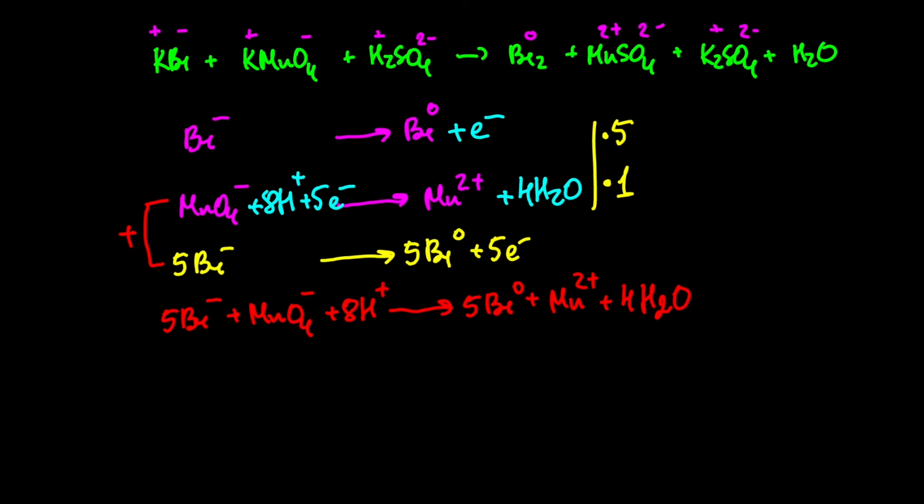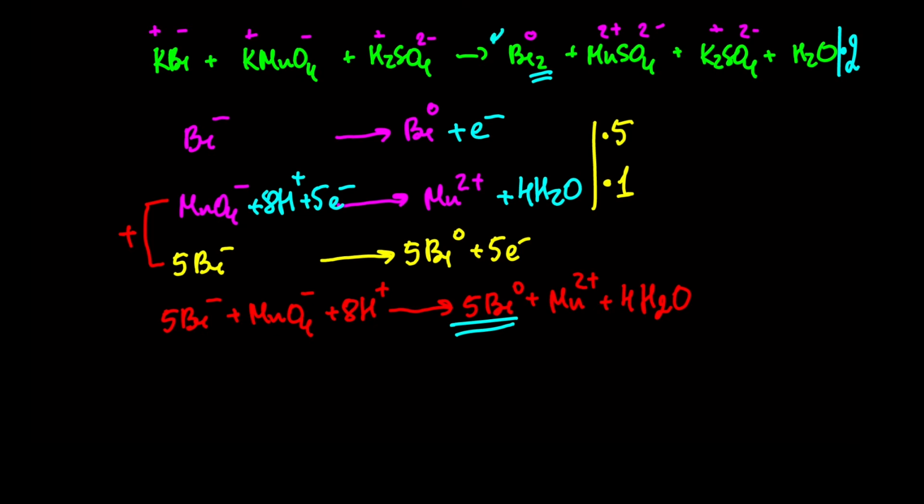Now the important thing to note is pure bromine. In a half reaction, we have 5 bromine atoms, but in a chemical reaction, we already have 2. Because we don't write a fraction as a coefficient, we multiply all coefficients by 2 in the chemical reaction.